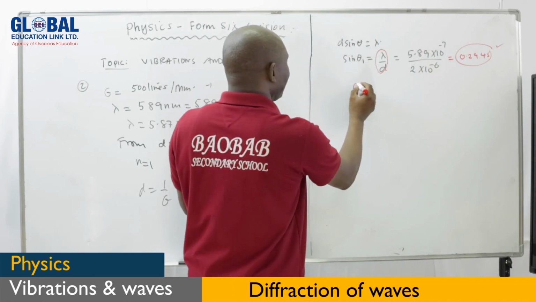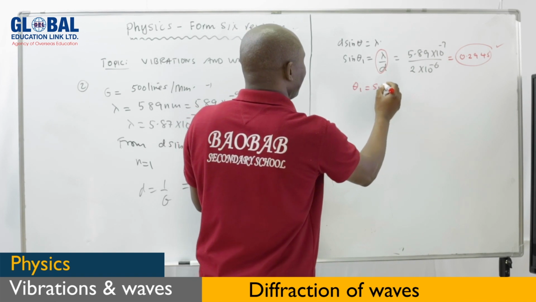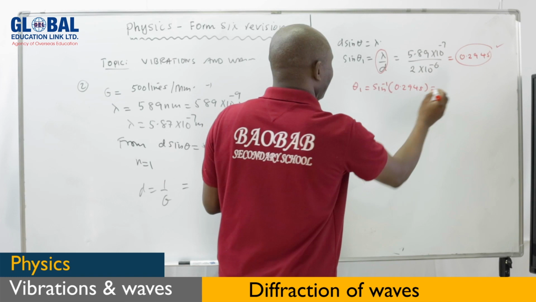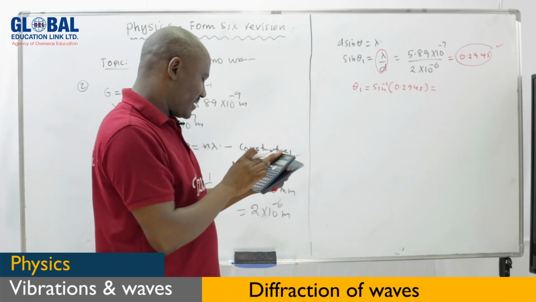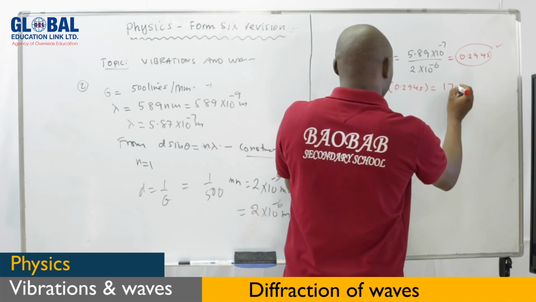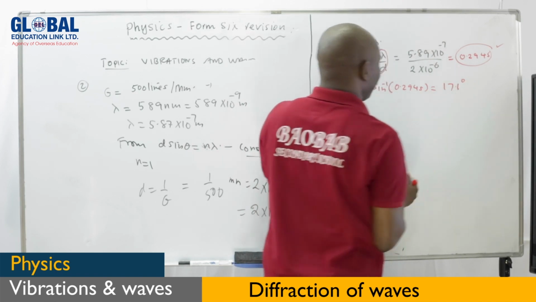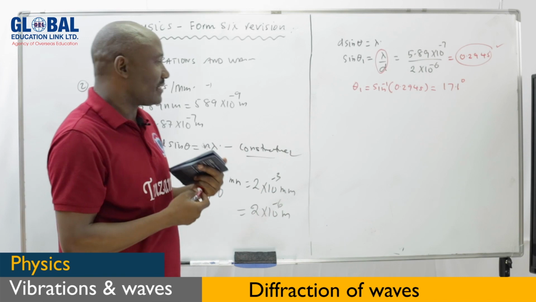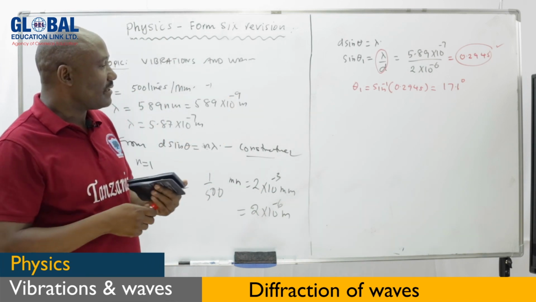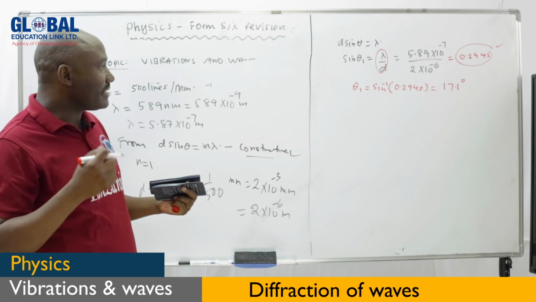From there you can find angle 1: sine inverse of 0.2945 gives us 17.1 degrees. This is the angle corresponding to the first diffraction maxima, or the first image from the central.